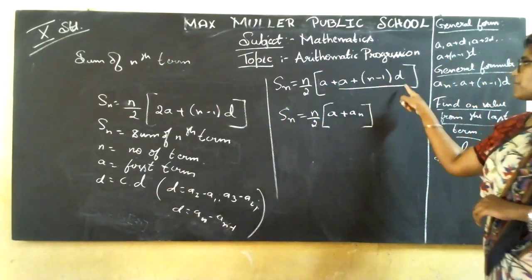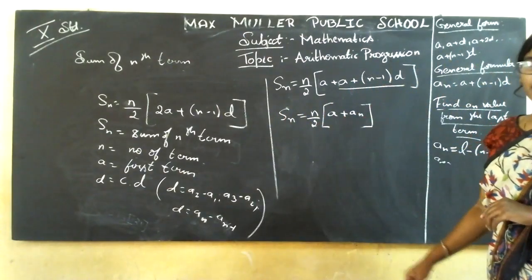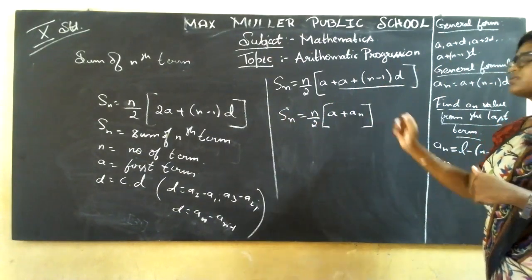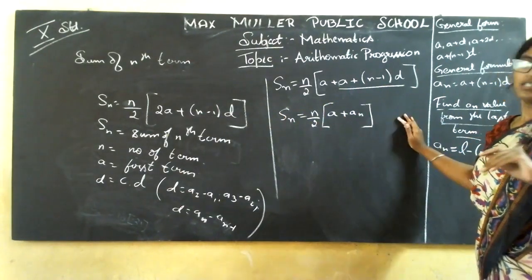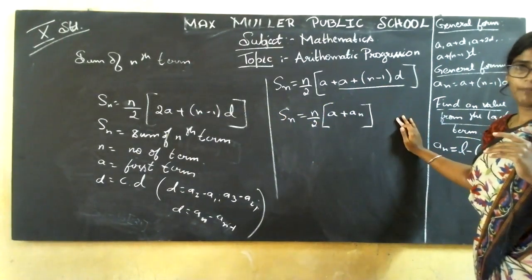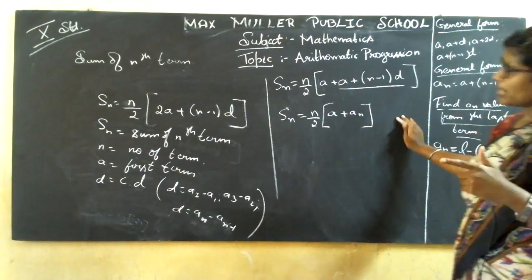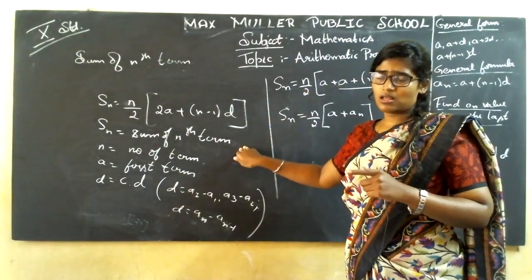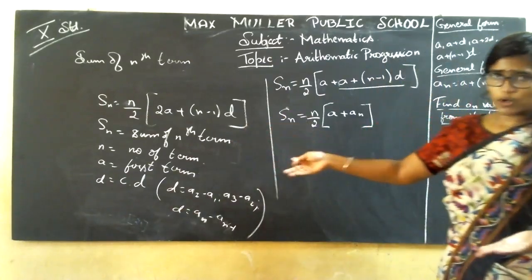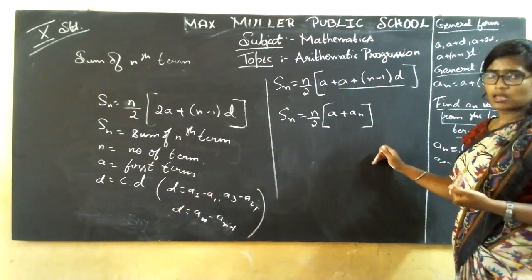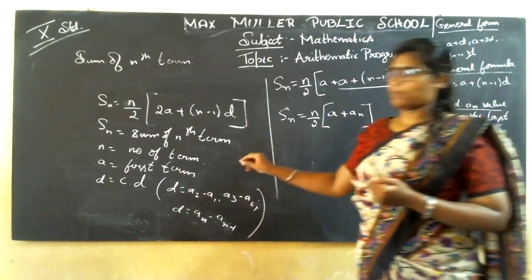Because a plus n minus 1 into d is an. Understood? You can use this formula also. But the standard form is this, and we will go with this only. For verification, you can do it in this. These two formulas are the same.